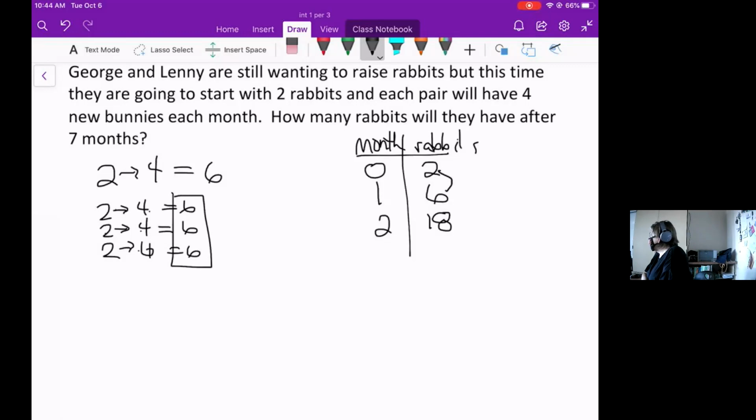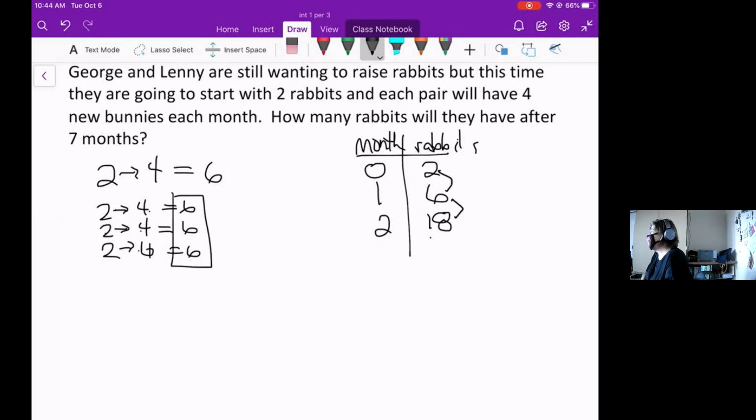If I add 4 to 6, am I going to get 18? No. But if I'm not adding by the same amount, what am I doing to go from one to the next and go to the next? Does anyone see the pattern? Multiplying by 3.